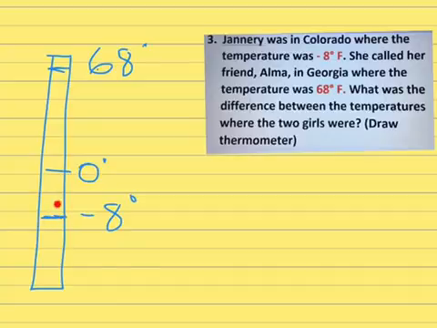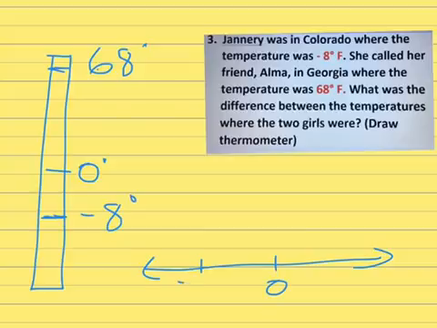The difference between negative 8 degrees and 68 degrees on the thermometer. It's always a good idea to draw your thermometer, or you can use a number line and put 0, your negative number where negatives go, and then 68, which is a positive degrees, and see what the difference is between these two numbers right here.